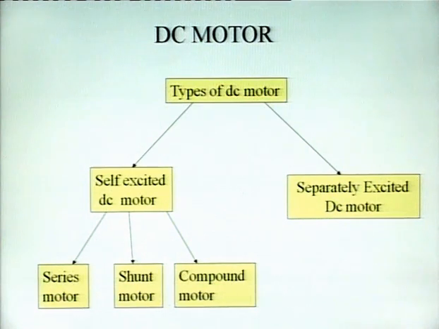In the same way, DC motors can be classified as self-excited DC motors and separately excited DC motors. Self-excited DC motors can be further classified as series motor, shunt motor, and compound motor.